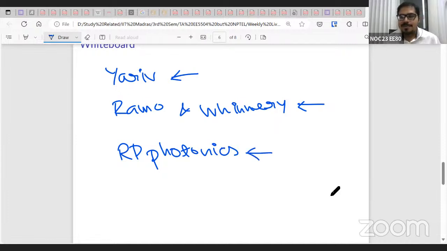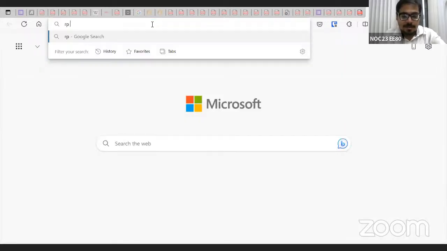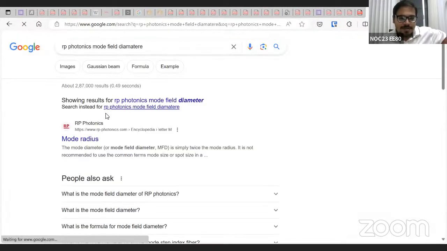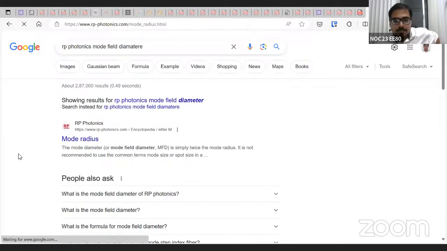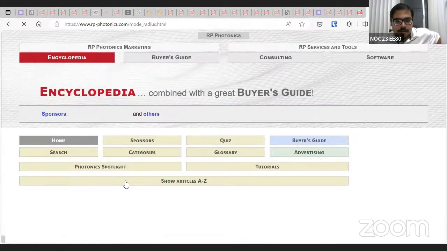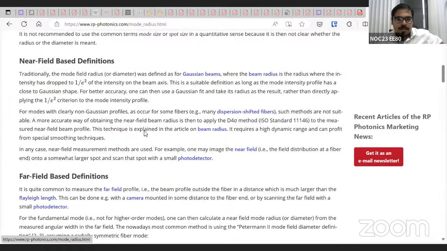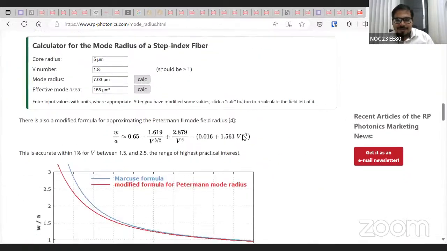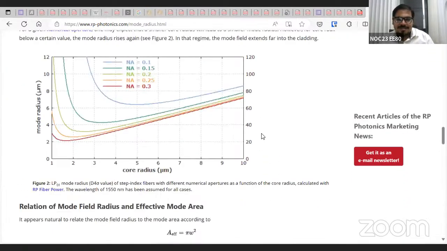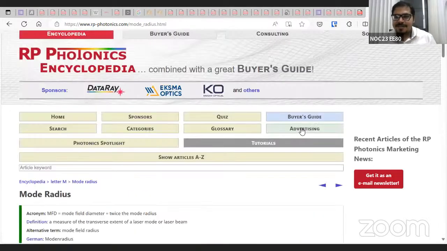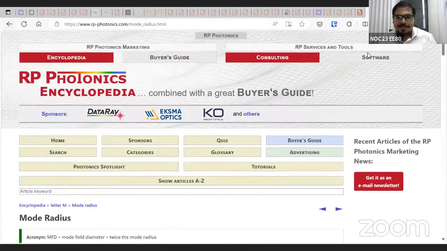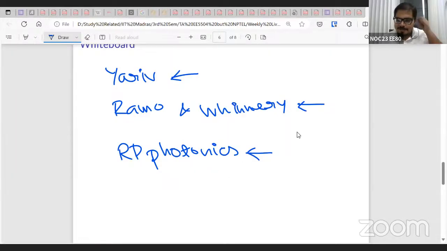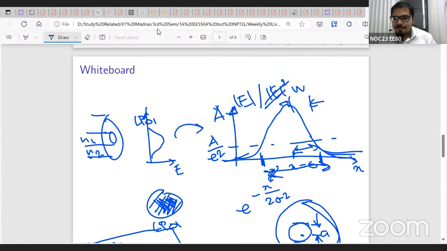We also use it. The website looks something like this. You can use it. So when in doubt, you can go to the textbook, or if you're too lazy, you can use this website.